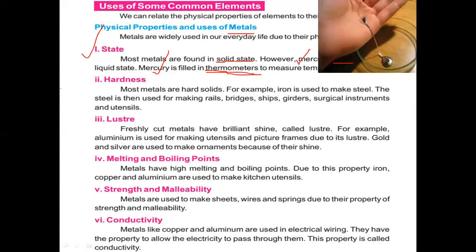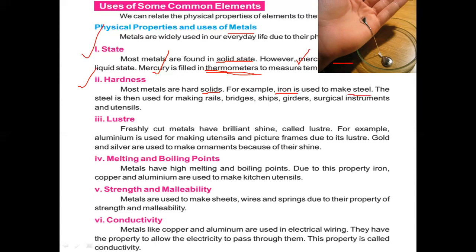The second one is hardness. Metals are hard solids. They are used to make steel.